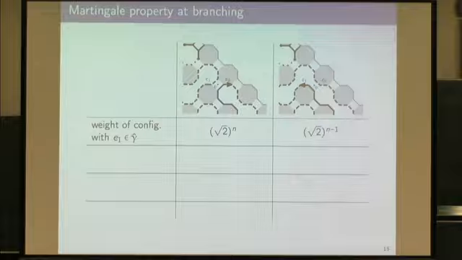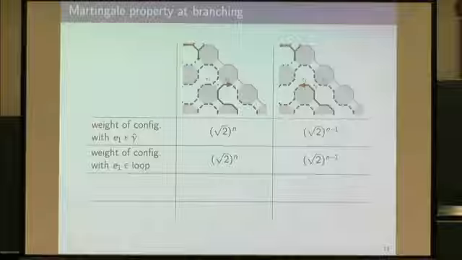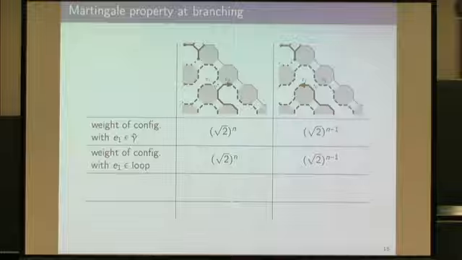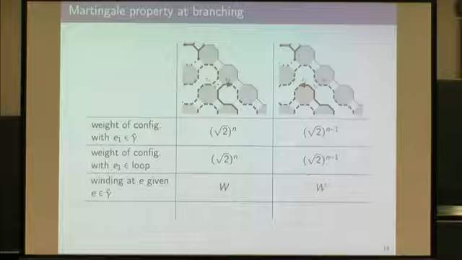So here we decrease the number of loops by one by doing this surgery. But the same is true for the other option, that E was part of one of these loops and not gamma hat. So also in that case the number of loops decreases by one. So here there are two loops, and here there is only one. And also the winding remains the same.